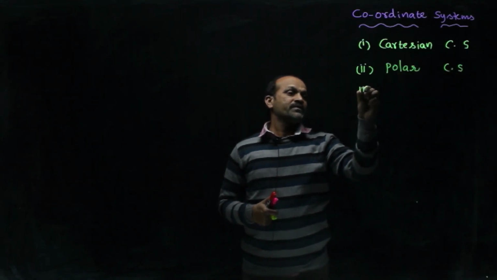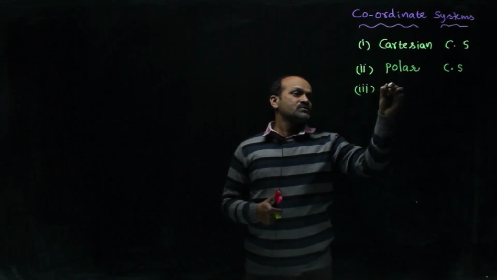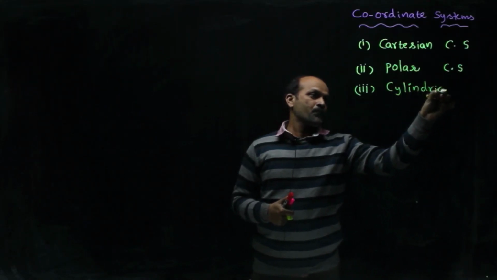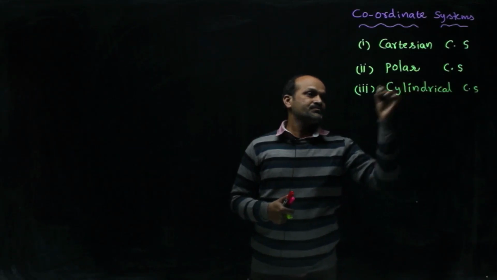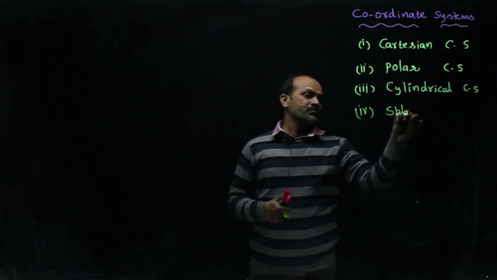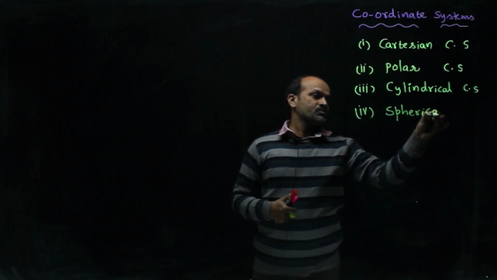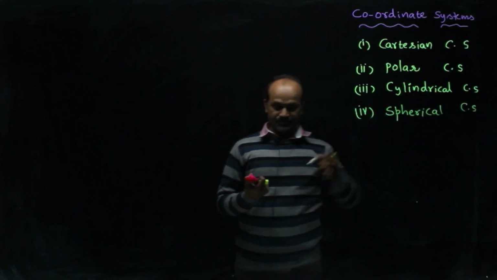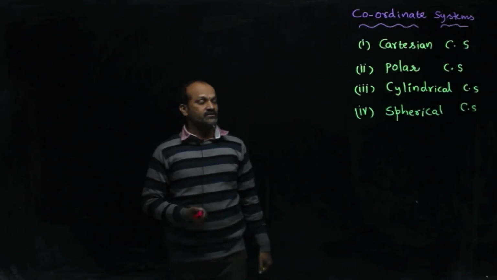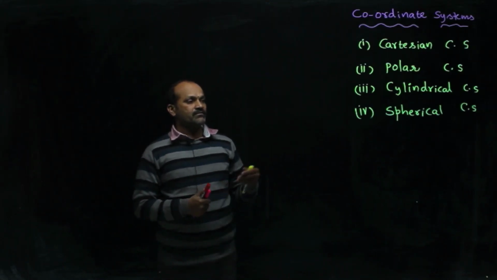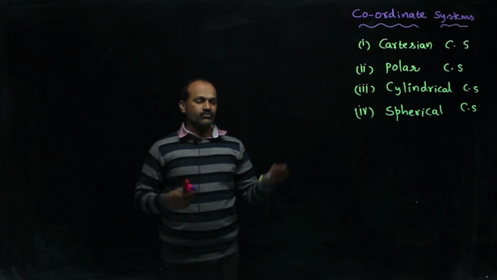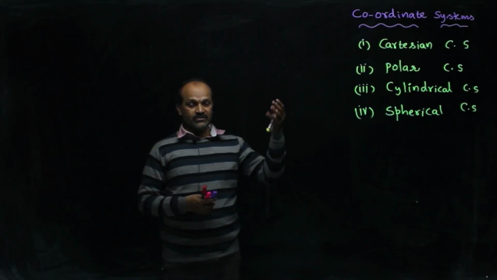The third one we discuss is the cylindrical coordinate system. The fourth one we see is the spherical coordinate system. We will see what basically all these are, and we will see one or two applications where mathematically these things are used.